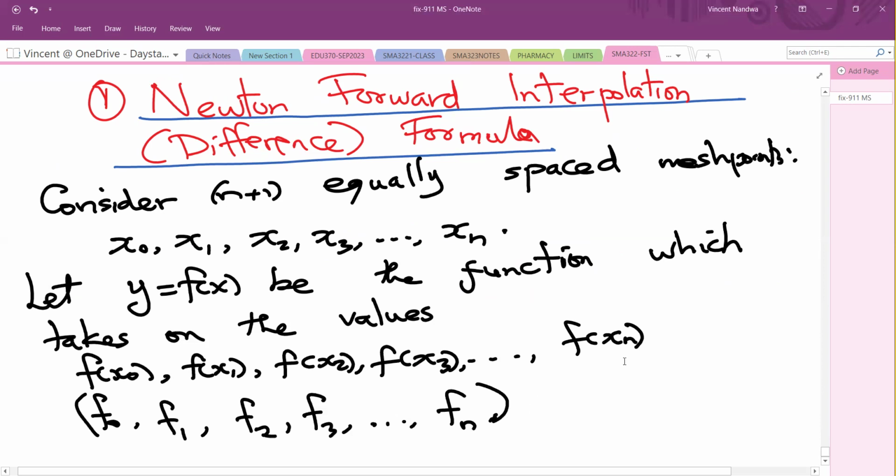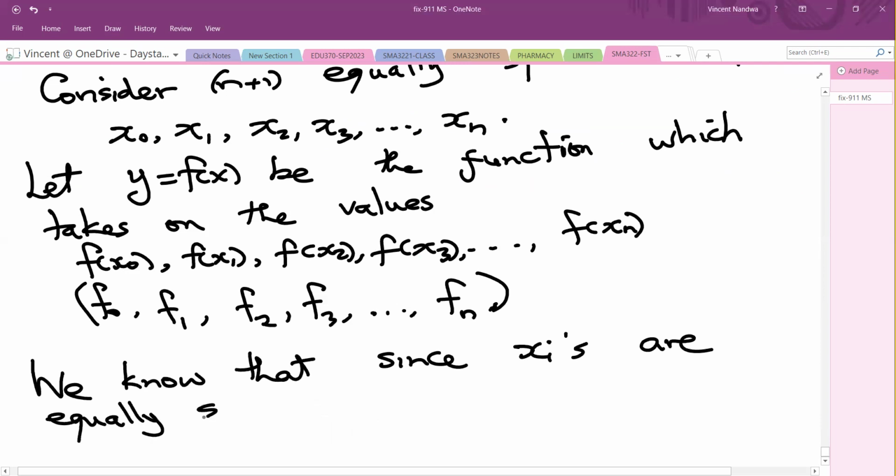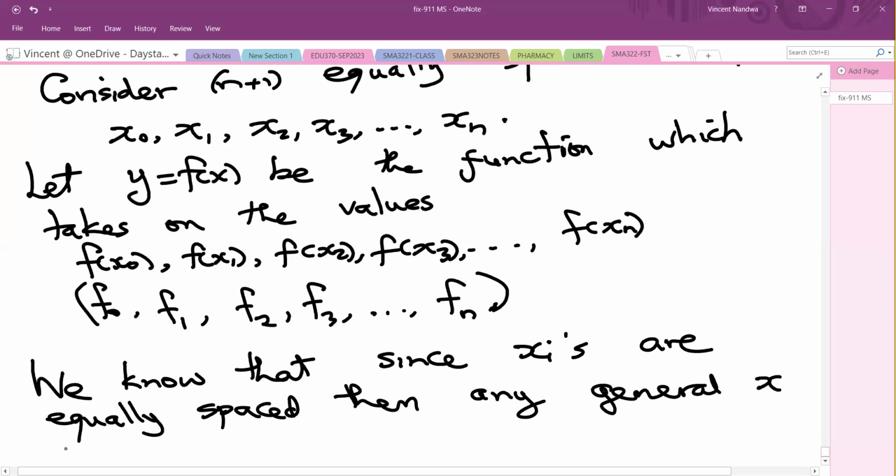So now we know that since the x_i's are equally spaced, any general value of x, x_p, is given by x naught plus ph, for equally spaced mesh points.